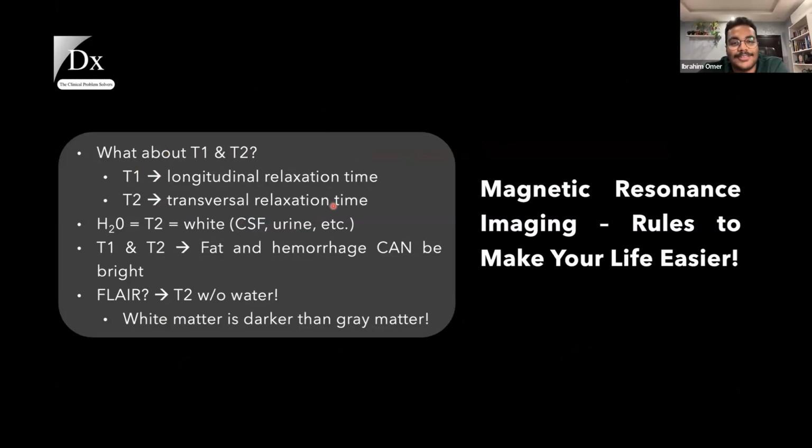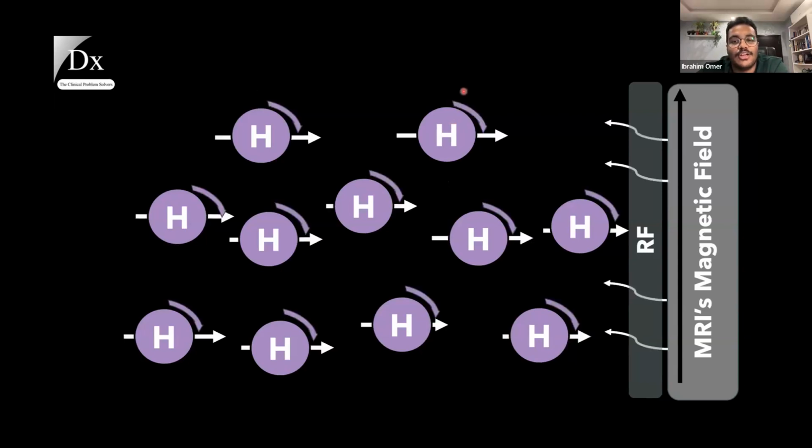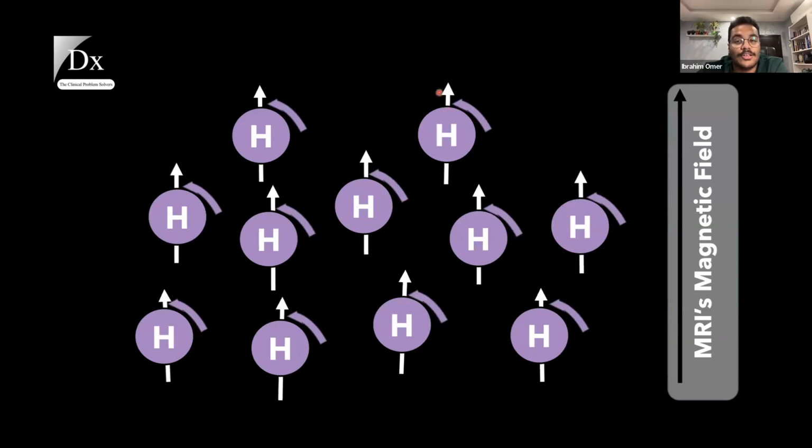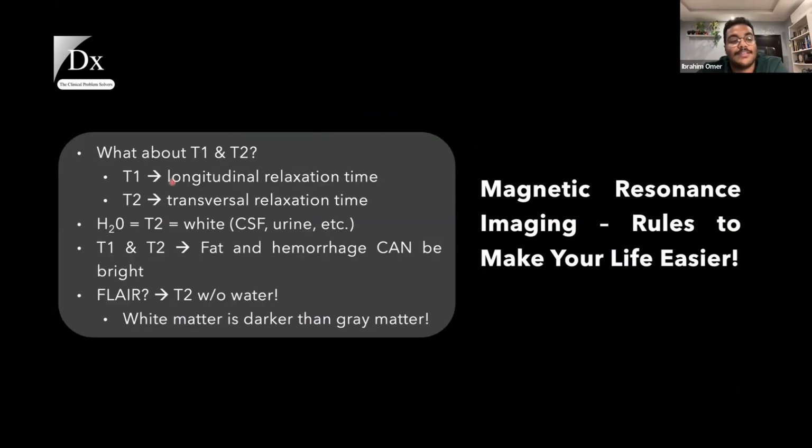However, when you actually think about it, it's not that complicated. Reason being, if you remember, I told you that there is the initial longitudinal plane, which then changes into the transverse plane, and then once again returns into the longitudinal plane. So the time that the atom takes to change into transverse and once again into longitudinal is what creates the difference in imaging between the T1 weighted images and the T2 weighted images.